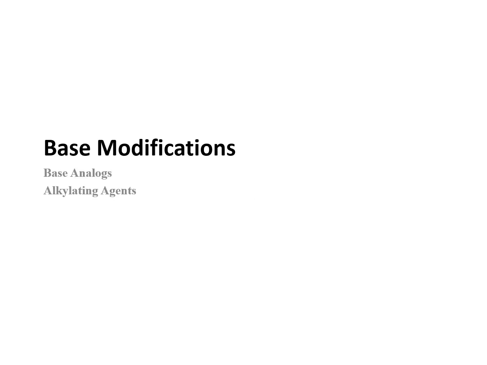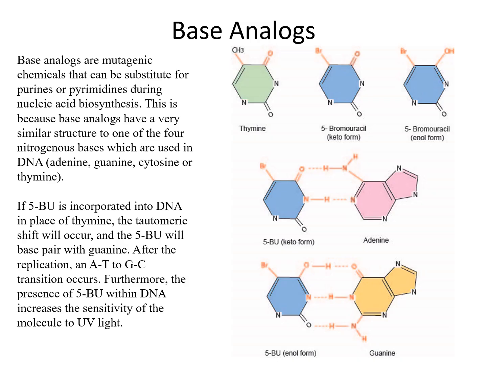The base modification could result from base analogs or alkylating agents. Base analogs are mutagenic chemicals that can substitute for the normal purine or pyrimidine during nucleic acid biosynthesis.